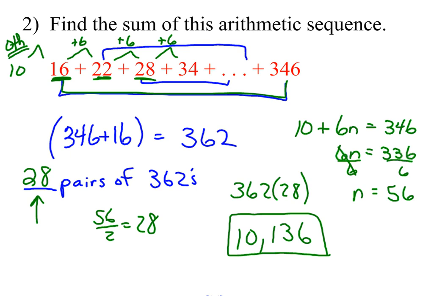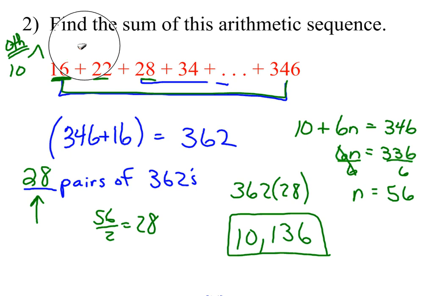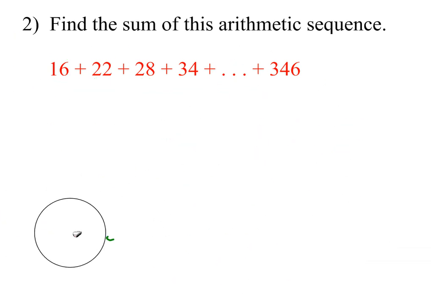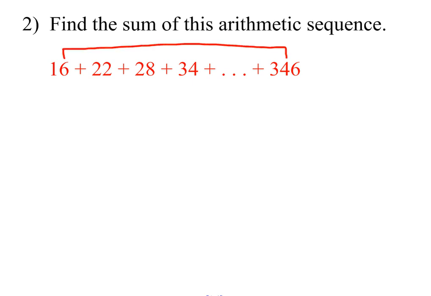Now I don't know if you did it this way or if you thought of it the other way. I'll go ahead and show it the other way. And find the average. Thinking of these, I'm going to make all these the same number. Instead of a 16, I'm going to find the average of 16 and 346.